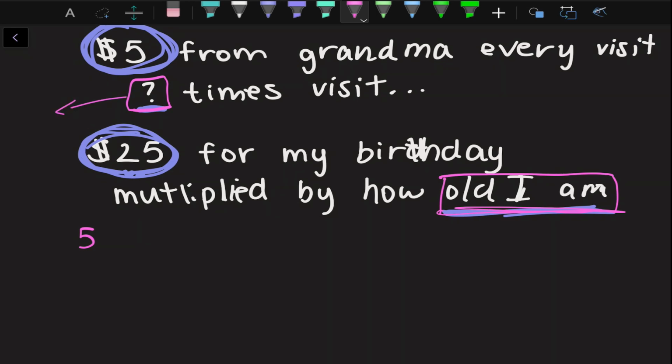Let's say that the number of times she visits is equal to X. And I'm also going to get $25 multiplied by how old I am, and we'll maybe call that A for age. Then that would equal the money that I'm going to get from grandma.